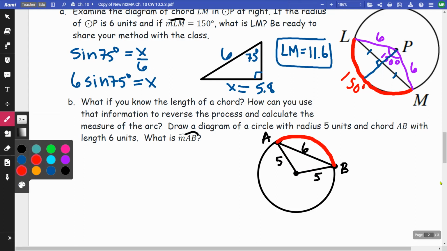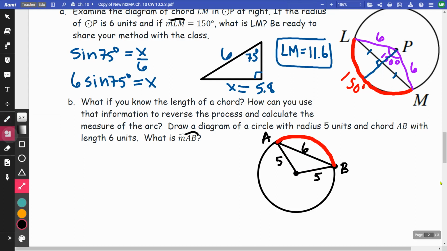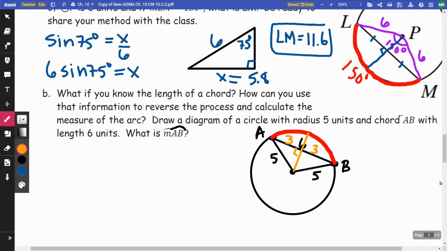So what I'm going to do is what I did in the last problem. I am going to draw a radius that is going to be perpendicular. So since I'm making it perpendicular, that means it's going to cut that chord in half. So one of these is going to be a 3 and the other side is going to be a 3. It's cutting it in half.